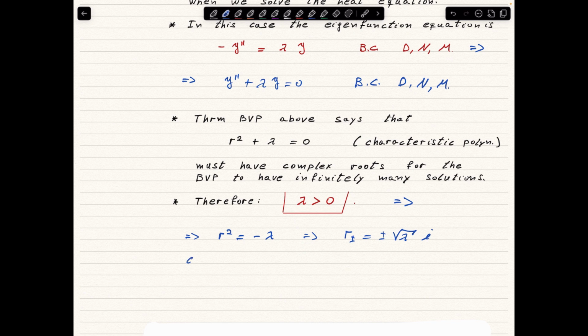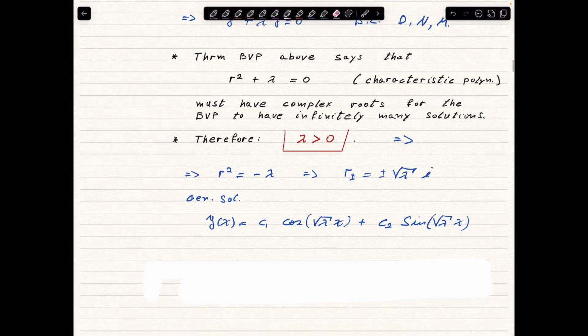And that means that the general solution, so you see the roots are going to be complex, and the general solution of the differential equation is going to be something of the form a constant times the cosine of square root of lambda x plus another constant times sine of square root of lambda x.